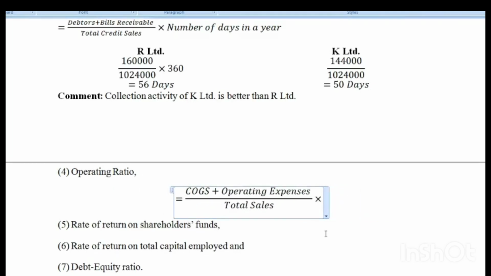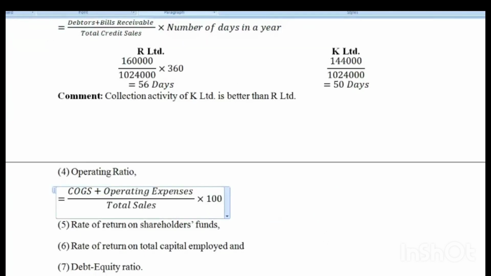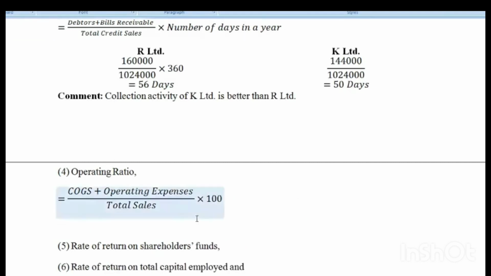This is your formula. Clear? And now put the values in the formula.